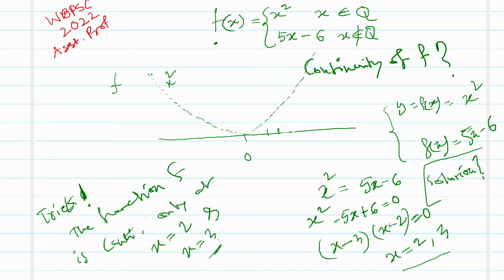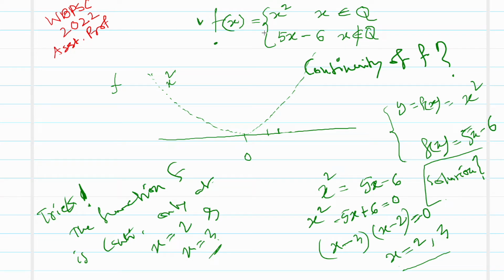Wherever those values are actually equal, the function is continuous at those particular points. At x equal to 2 and x equal to 3, these values are the same, x square equals 5x minus 6, and therefore these are the only points where this function is continuous.